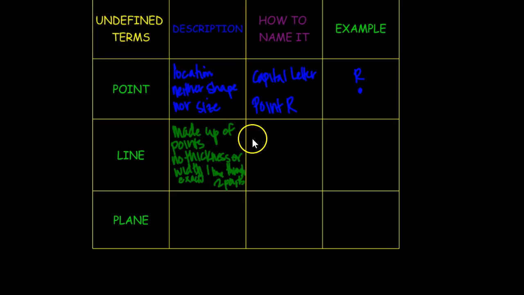All right, then how do we name a line? Well, we name it by 2 capital letters that are on the line. That's some bad spelling right there. So let's do an example over here and let's get a line going.